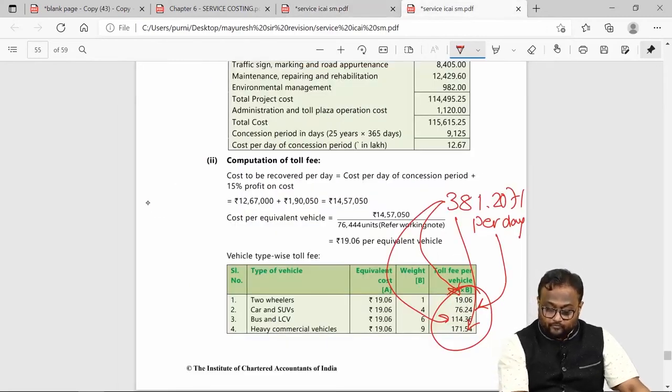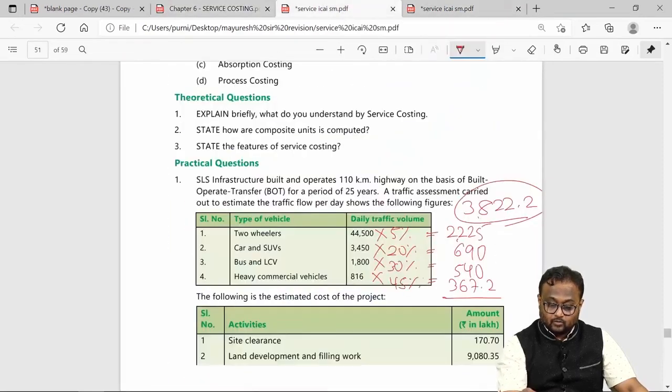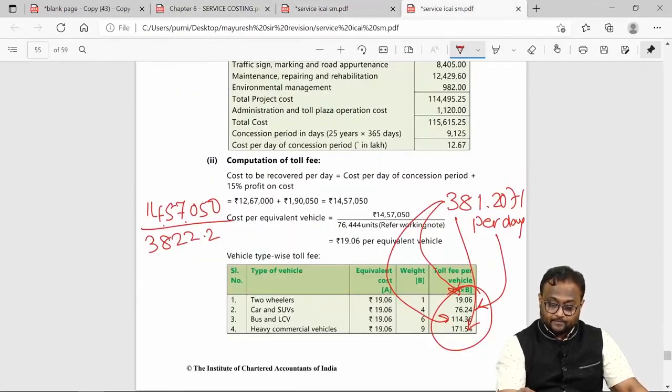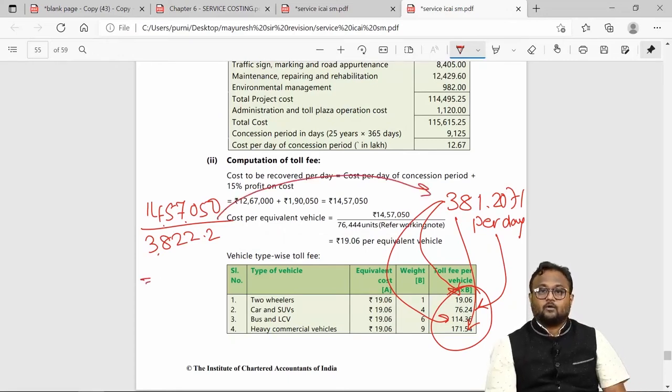So 14,57,050 divided by 3822.2 per day. So that comes to the weighted average cost of one vehicle.